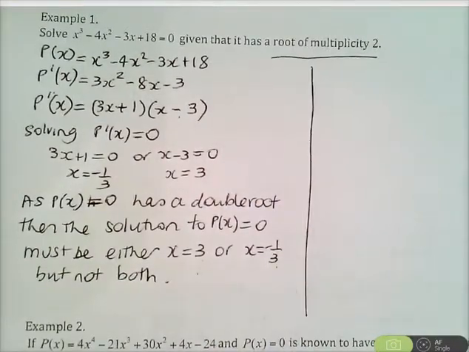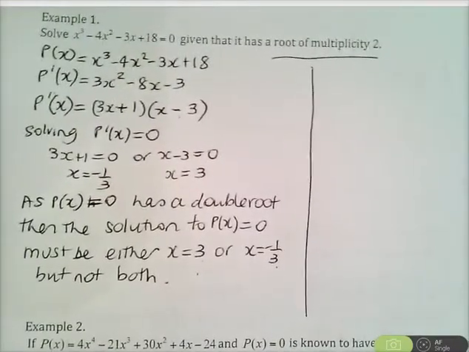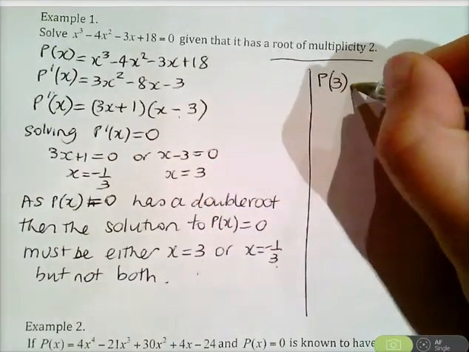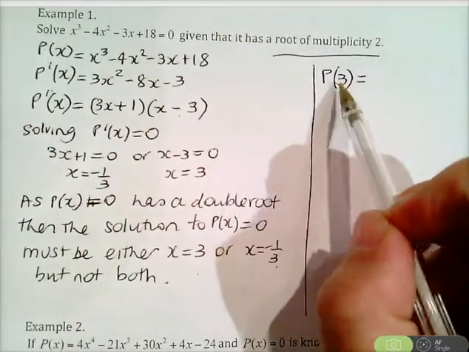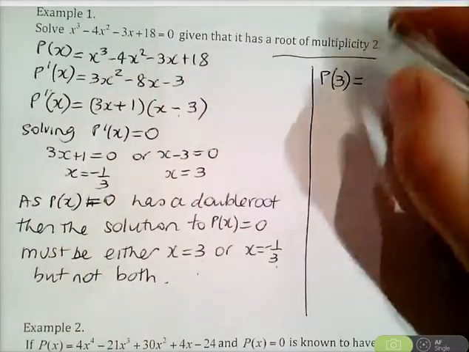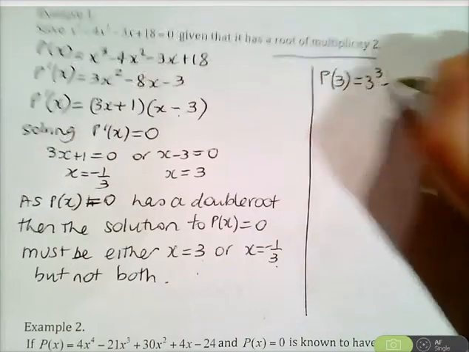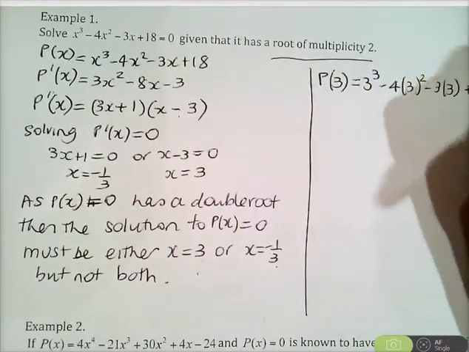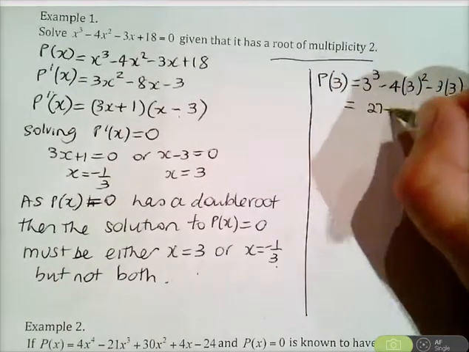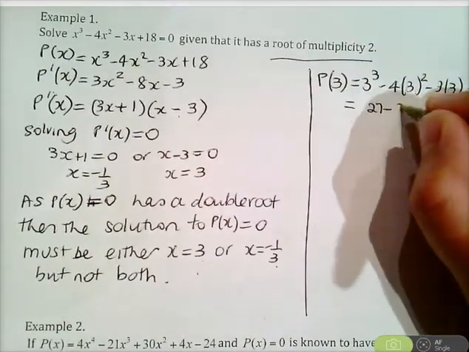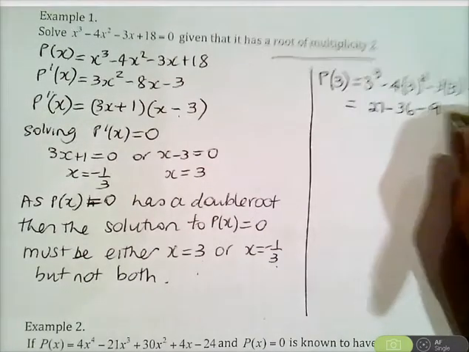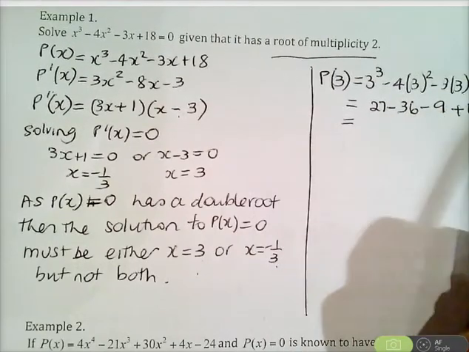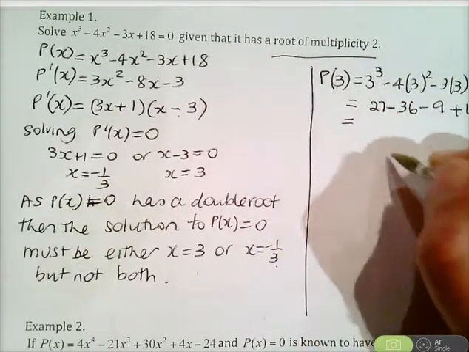If one of these is the multiple root, then if we substitute 3 and negative a third into the original function, one of those has to equal 0. So notice I'm putting it into the original function now. So p of 3 is 3 cubed minus 4 times 3 squared minus 3 times 3 plus 18, and that's equal to 27 minus 4 9s are 36 minus 9 plus 18, and that is negative 45, and that's plus 45, so that appears to be 0.